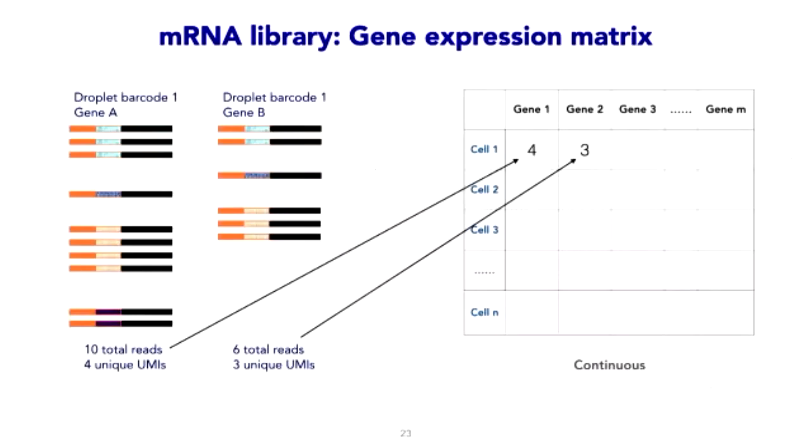To summarize our data sets now, we have an mRNA library, which gave us the gene expression matrix, which is a cell-by-gene matrix, where each element is the number of unique molecules identified of the specific gene transcript.